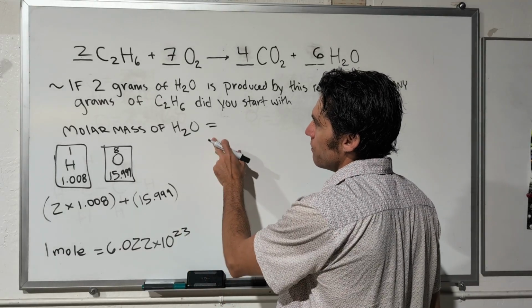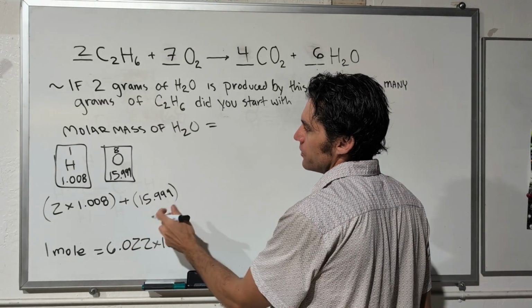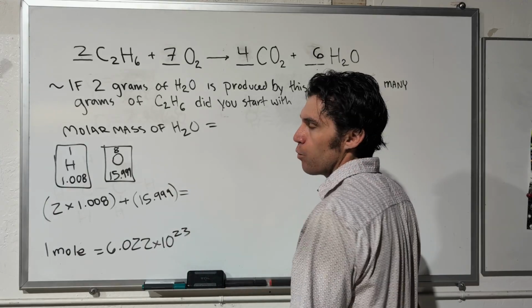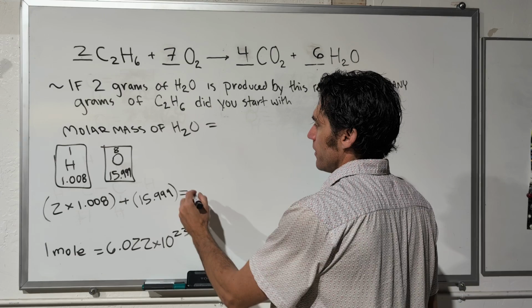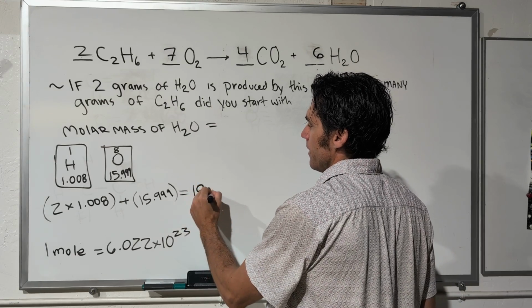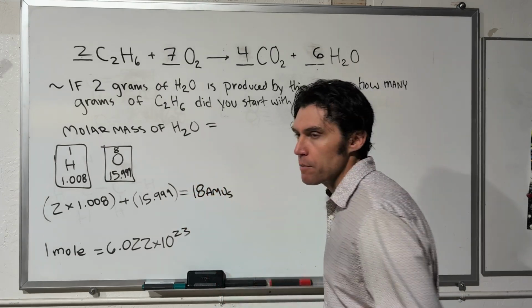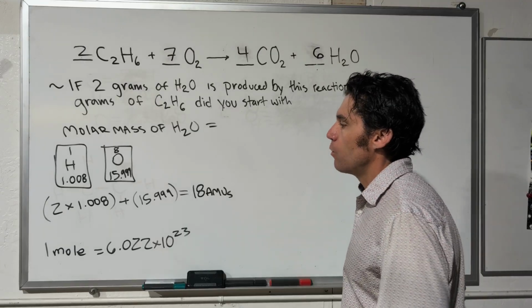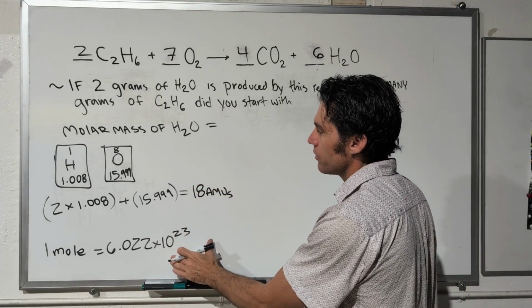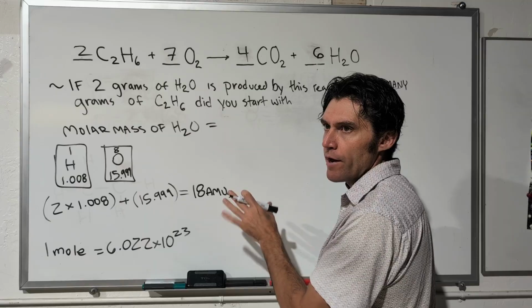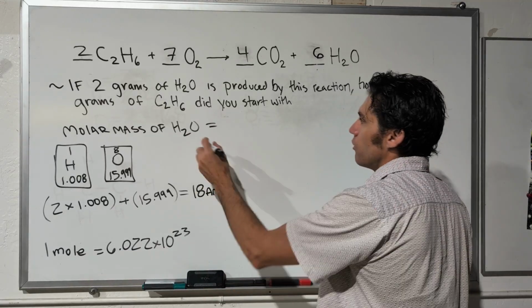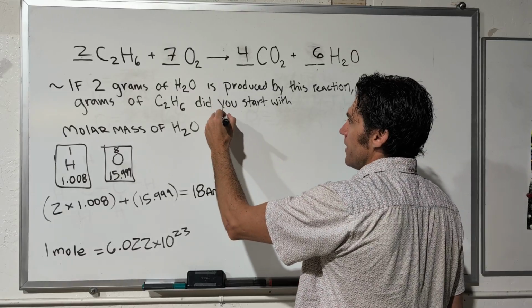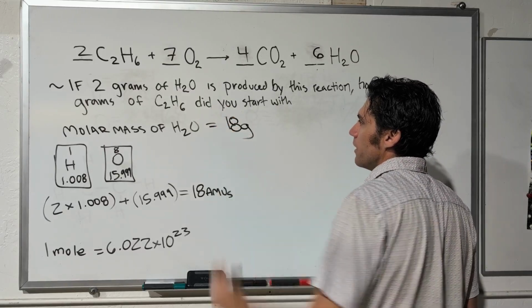So the atomic weight of 1 H2O molecule is 18 AMUs, atomic mass units. But when you have a whole mole of those molecules, the weight in grams is equal to the atomic weight in AMUs. So the molar mass is 18 grams.